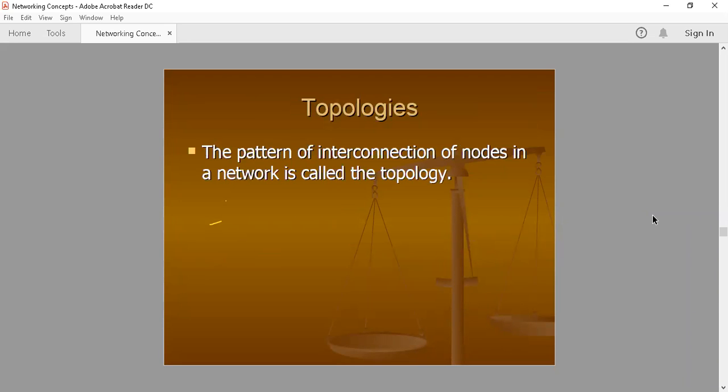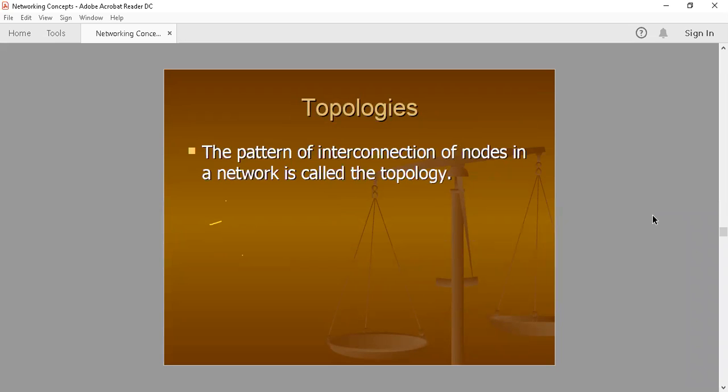Topologies. Topologies are nothing but how, whether it's a LAN, MAN, or WAN, the networks are connected. What type of diagram is used to connect those types of networks.